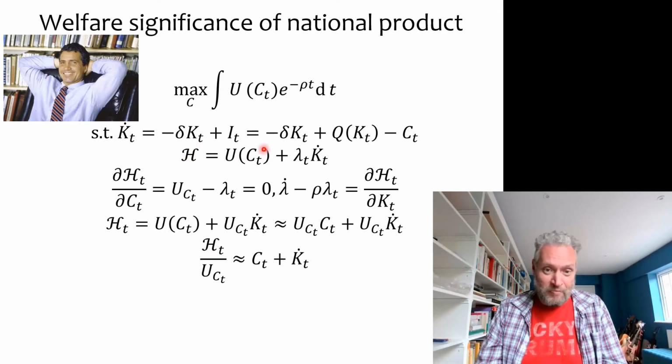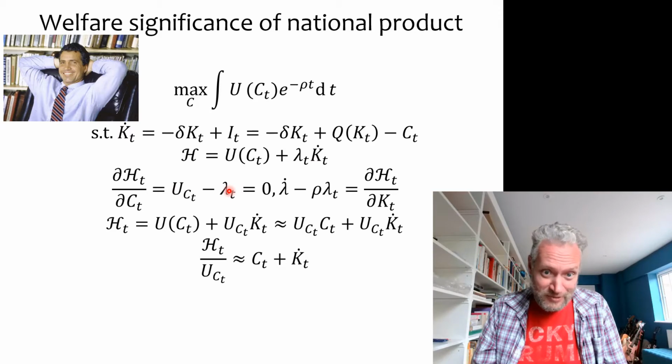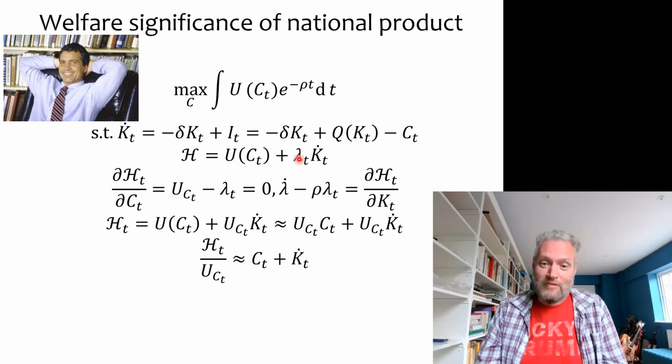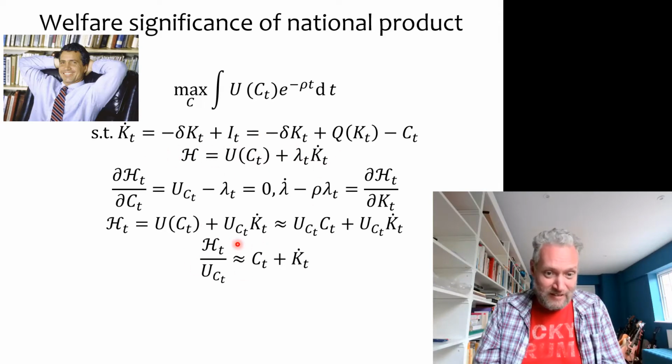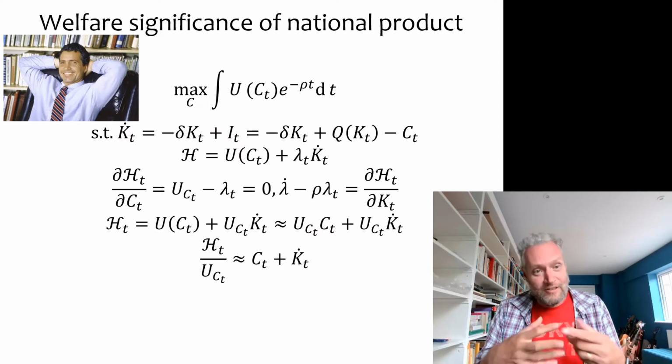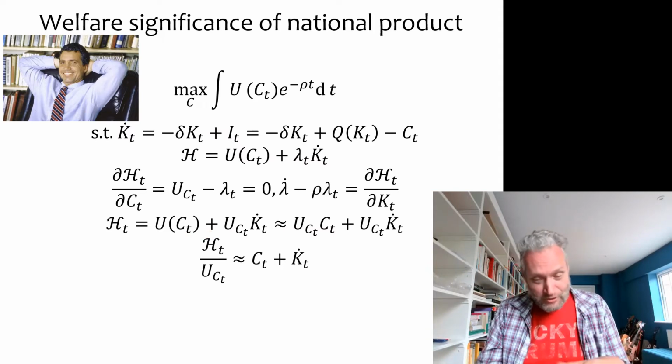This is measured in utils, and the shadow price of capital is also measured in utils, or rather, it's utils per dollar. So this expression here is in utility. This expression here is now in dollar terms, or in pound terms, or in euro terms.